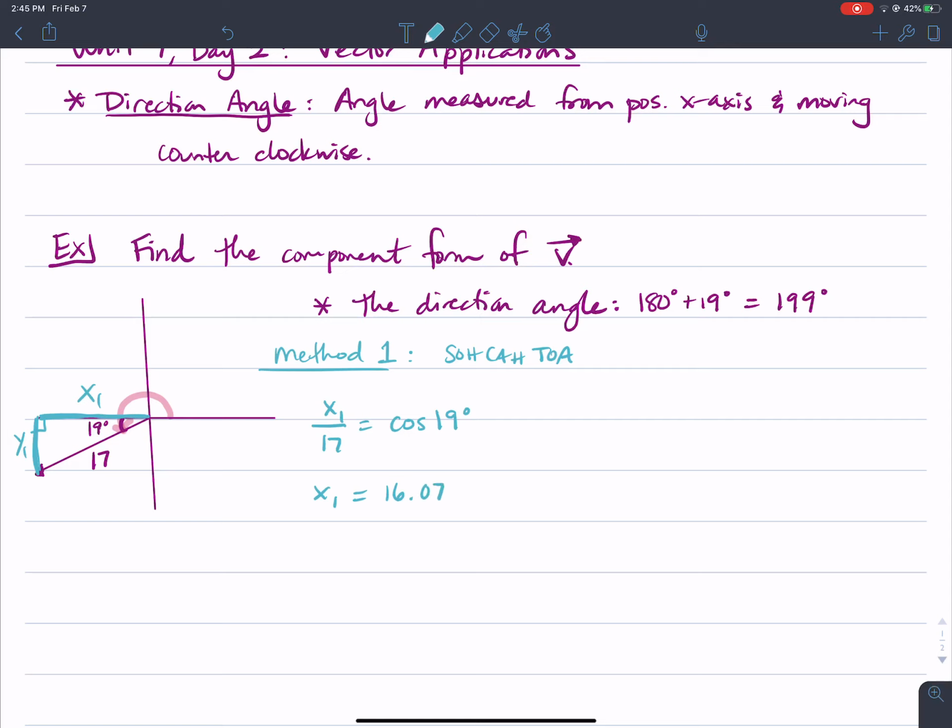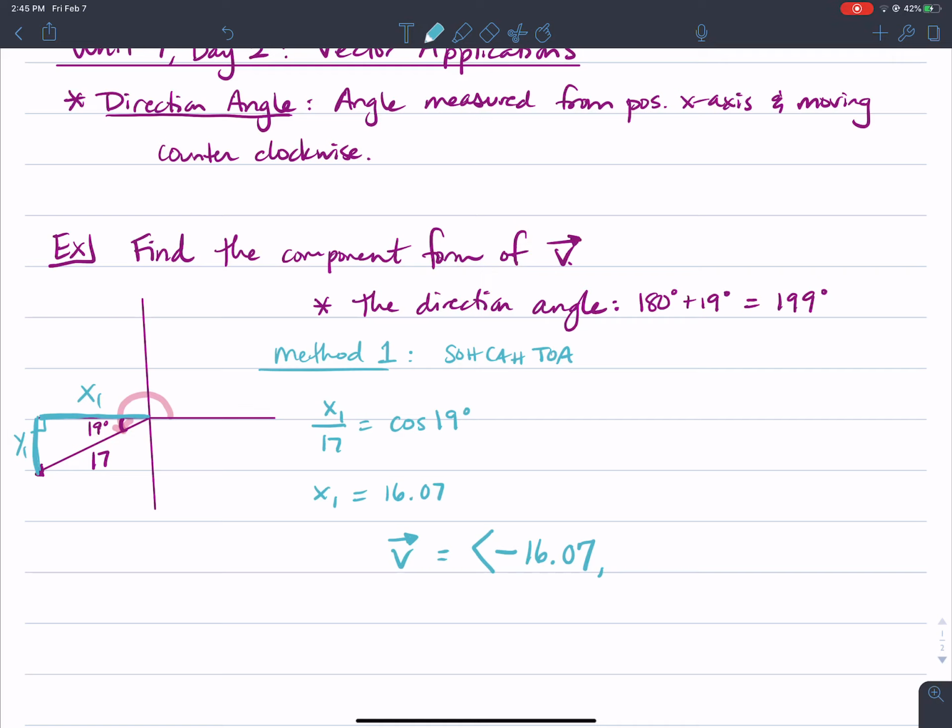But that's a positive number, and that would indicate that we're moving to the right. But our given vector is moving to the left. So you have to be smarter than the mathematics here, and in your final answer the component for vector v would be negative 16.07.